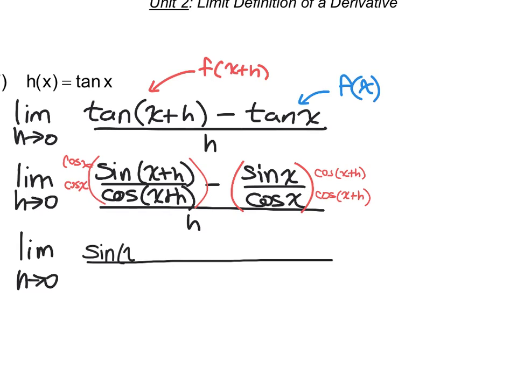So sine of x plus h, cosine of x, minus cosine x plus h, sine of x, all over the common denominator, which is cosine x plus h.